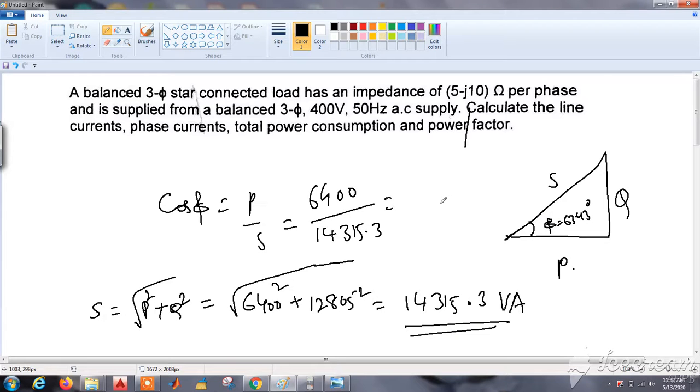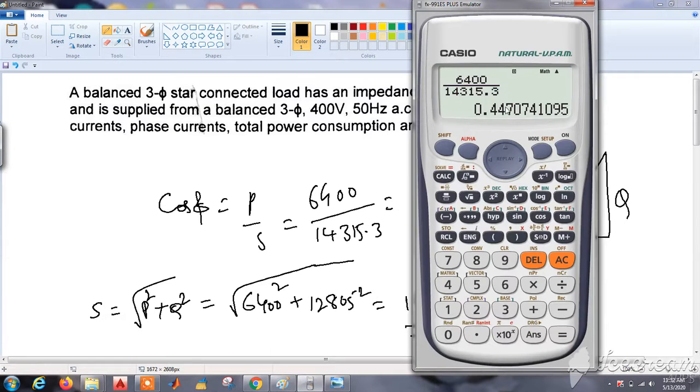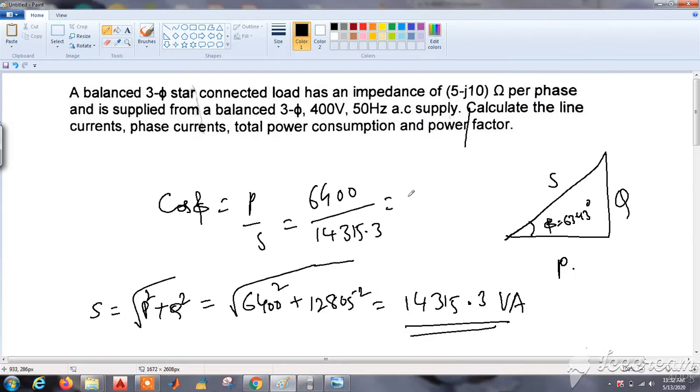See, we are getting the same result as from our cos of the impedance angle, that is 0.44 lead is our power factor. And obviously when we apply inverse of it, that is cos inverse of 0.44, we get 63.43 degrees.